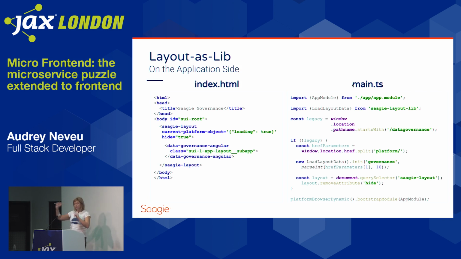We're going to retrieve our Saagie-Layout component, the one we encapsulated the top component with, and ask it to show itself, and we're going to call the init method of the load layout data class, passing it several parameters. The first one is the name of the application, so governance in our case. And that's all we need to do on the existing application side.